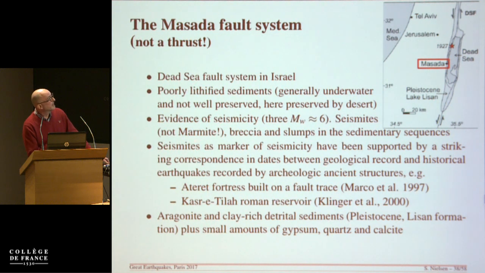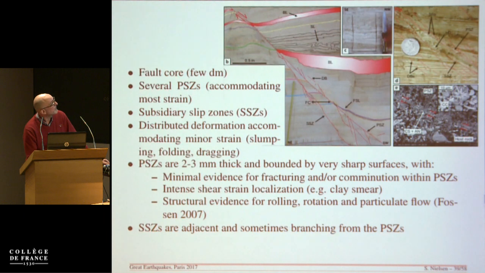And so they're very well defined because they are also correlated to some archaeological damage, which can be historically dated. And the composition can be quite similar to what you would find at the ocean trench, although these are lacustrine sediments.